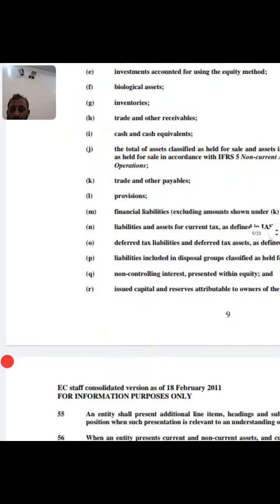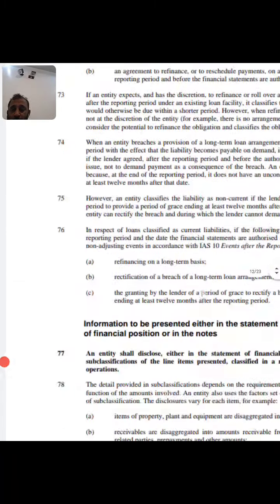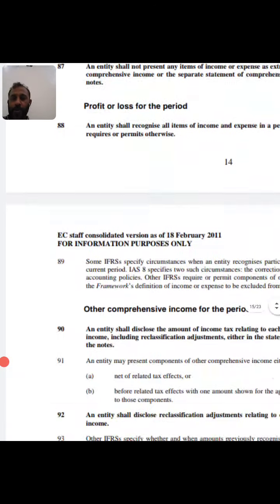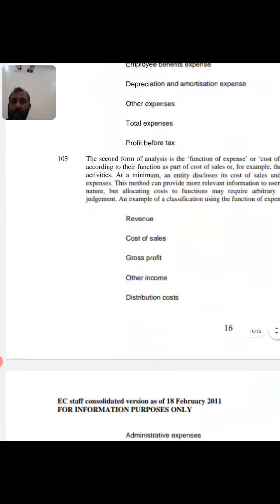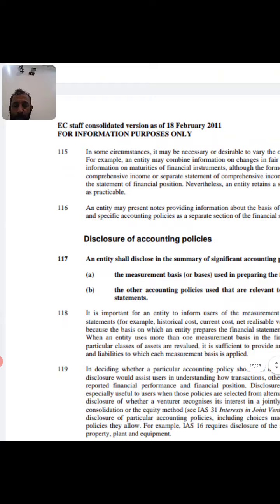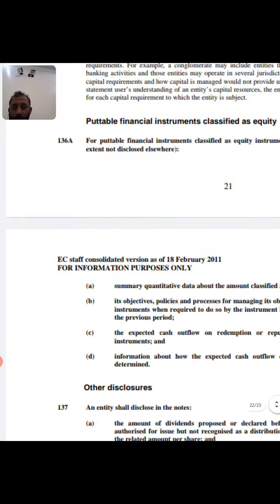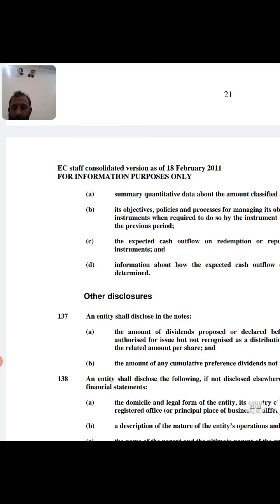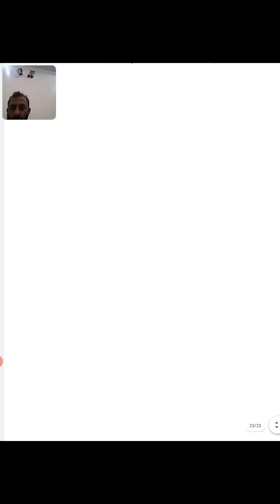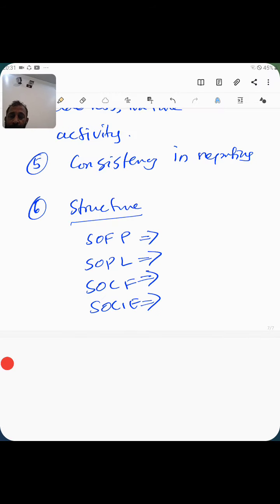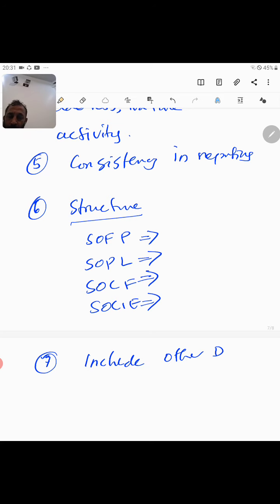So with that, I believe almost all the main areas needed have been discussed and covered. And one last thing, you have to include other disclosures.